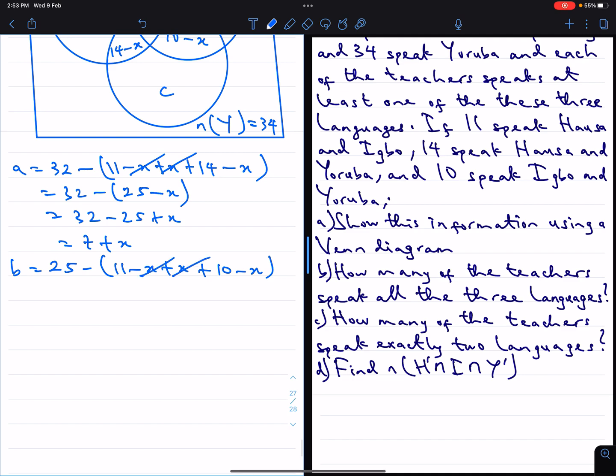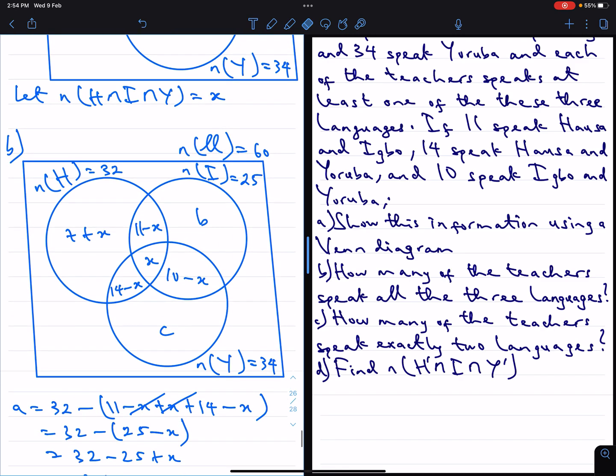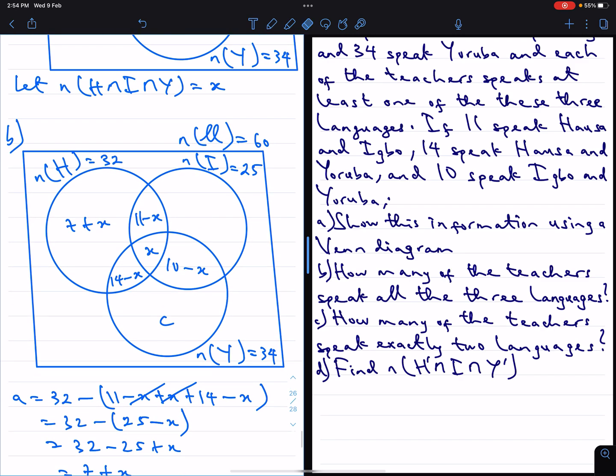Minus x plus x is 0, and that simply means 25 minus open bracket 11 plus 10, which is 21, minus x. That is the same as 25 minus 21 plus x, and that's 4 plus x. So the number of teachers who speak only Igbo is 4 plus x.